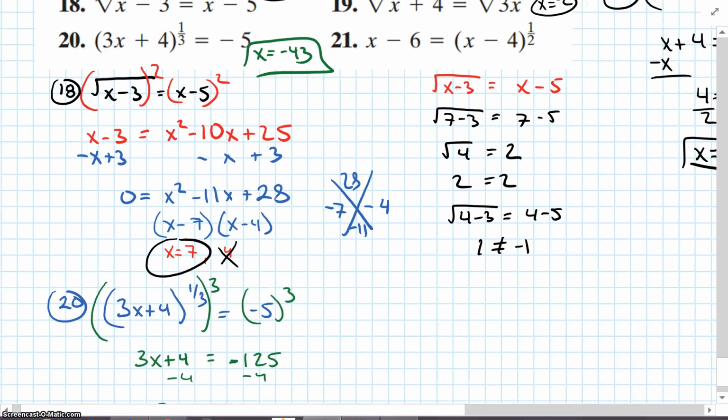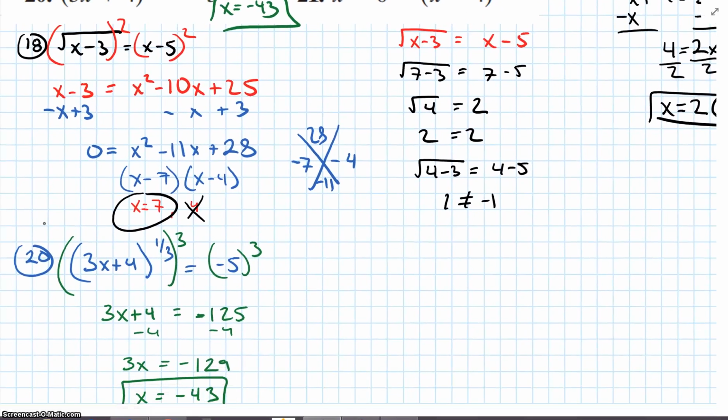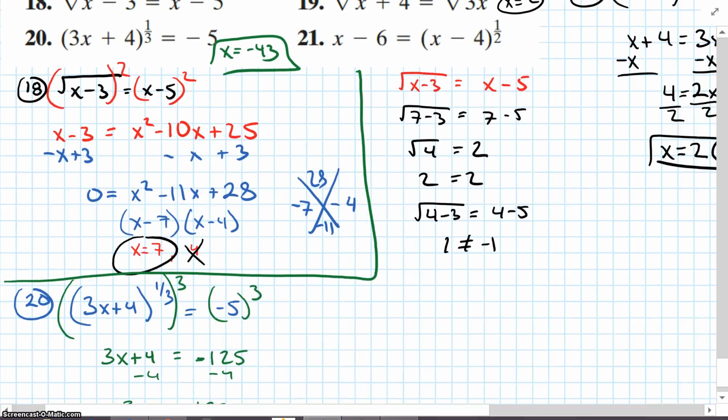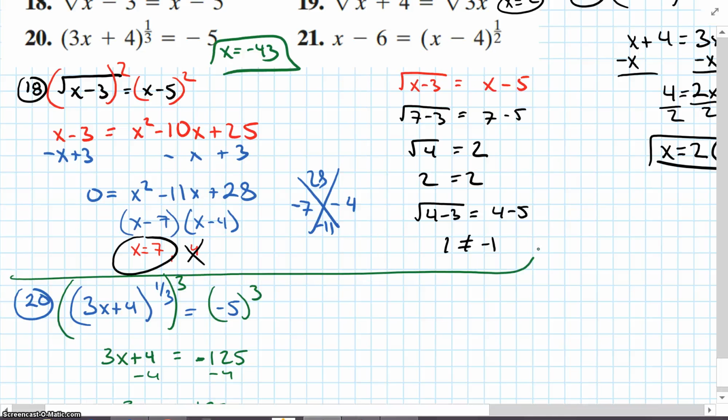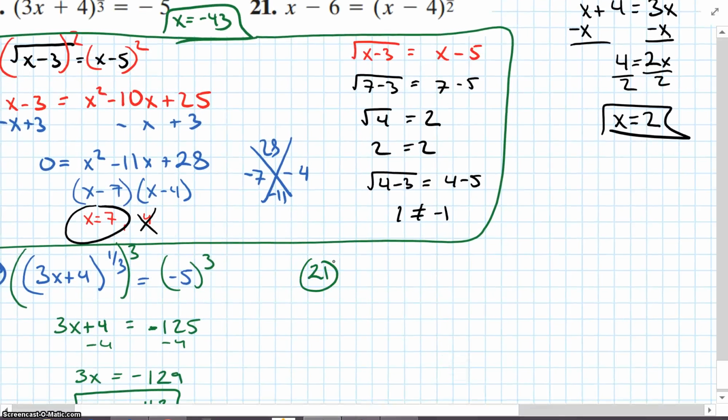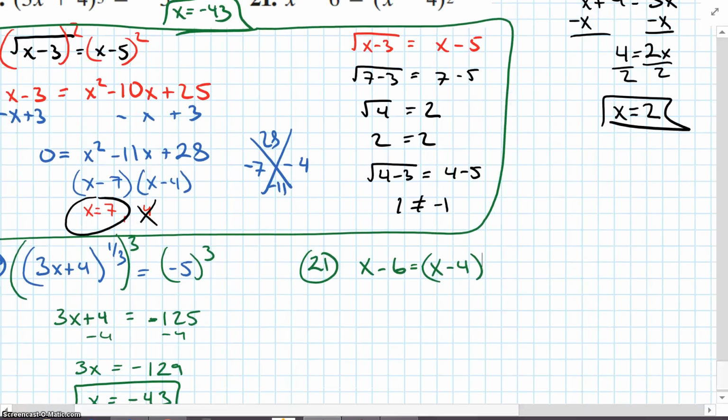21. Last one. All right, let's look at it. 21. I got x minus 6 equals x minus 4 to the 1/2 power. Step 1. Square both sides.